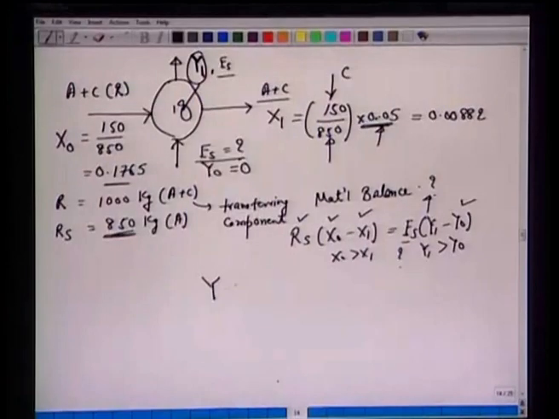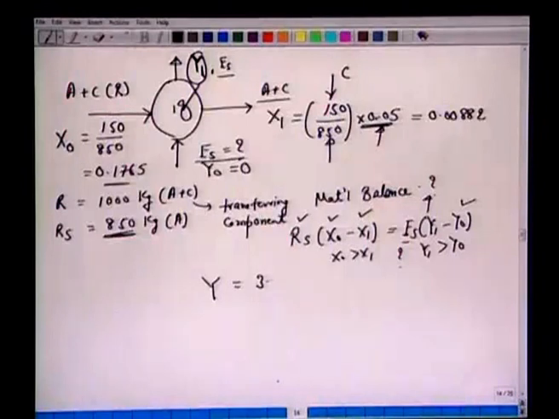So, y and x at the exit would be related by the equilibrium relation which we wrote earlier, y equal to 3.75 x. So, we have one more equation here, y equals 3.75 x.